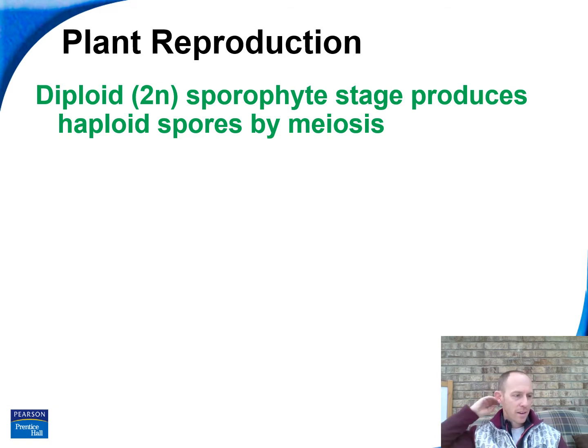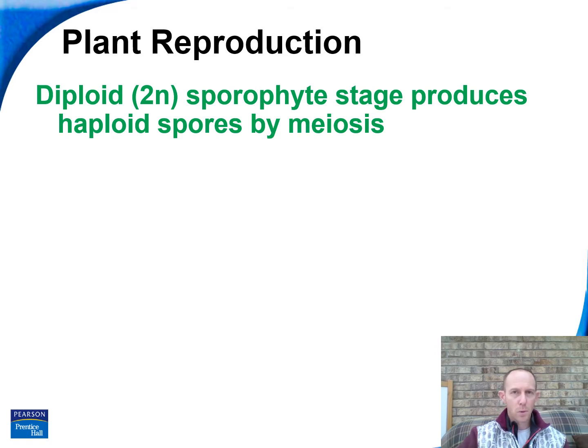Number 5, the sporophyte stage produces what? It produces spores. Sporophyte makes spores. It uses this process called meiosis. It's a sexual reproduction process, and I'll refresh that coming up soon. So number 5, the sporophyte stage produces spores by meiosis.